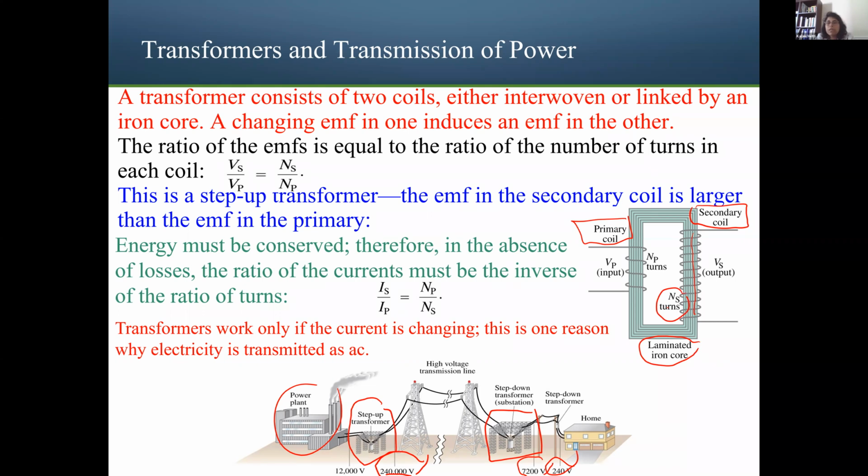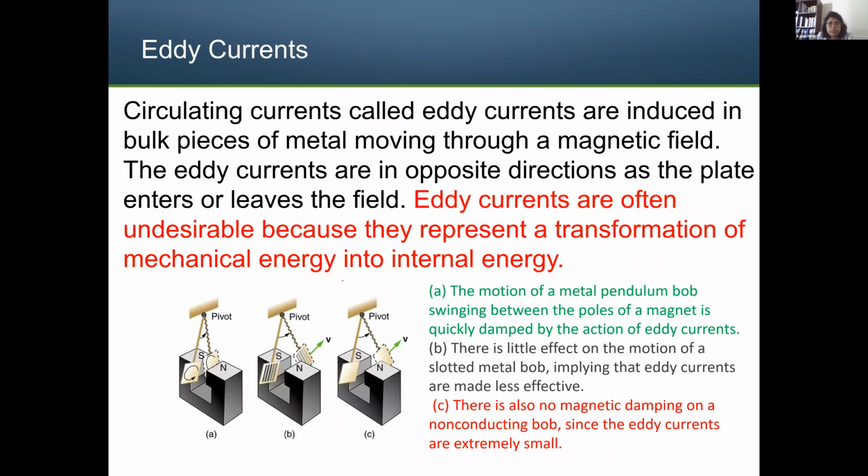If you have a secondary coil with fewer turns, that means you are creating a step down transformer, because your voltage ratio will be similar to the turns ratio, but your current ratio will be opposite. Okay? So that's the physics behind the transformers.